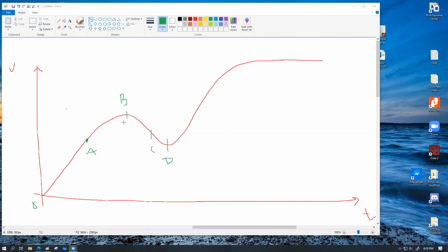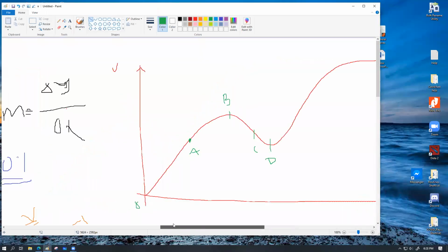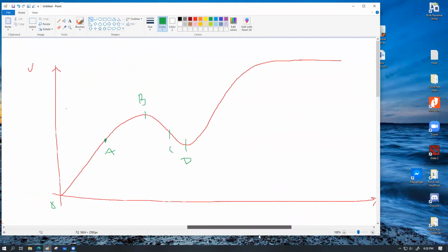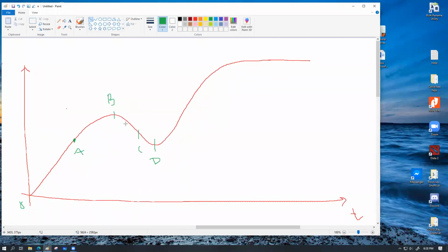Yes, sir. So I tried to choose the C point in such a way that for this segment, the shape is sort of like 6. I tried to choose C as the endpoint of the decreasing gradient, and this is the continuation of the increasing gradient.